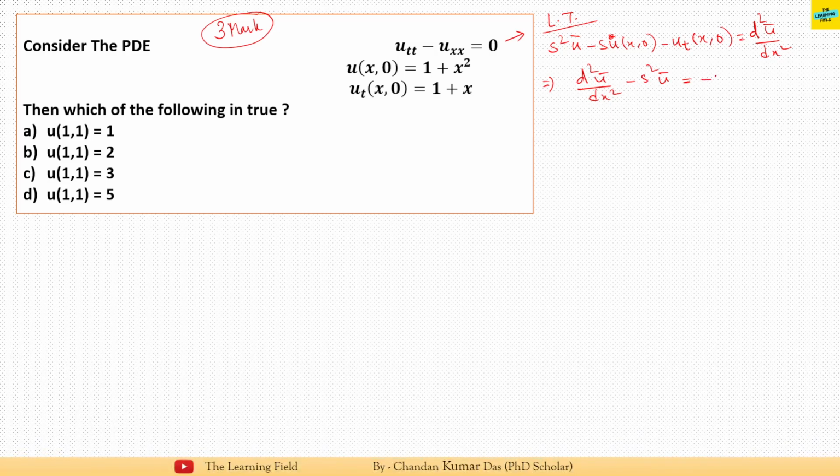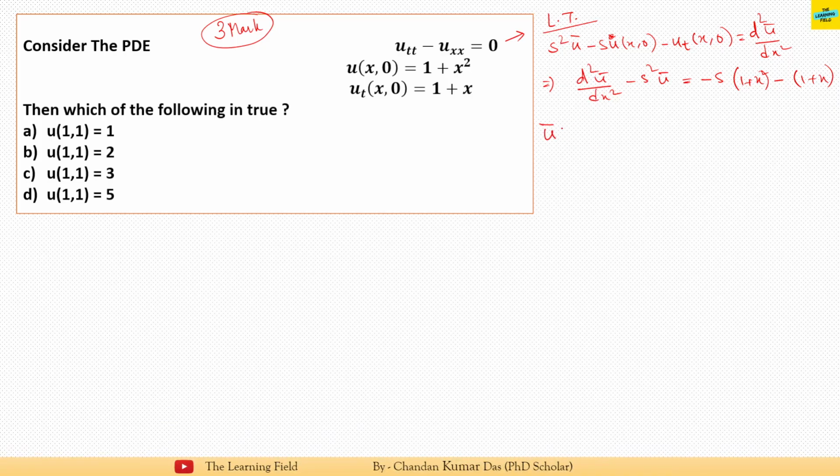This is equal to minus s into 1 plus x squared, minus s into 1 plus x. Sorry, this is only s times minus of 1 plus x. So now we can find u bar.